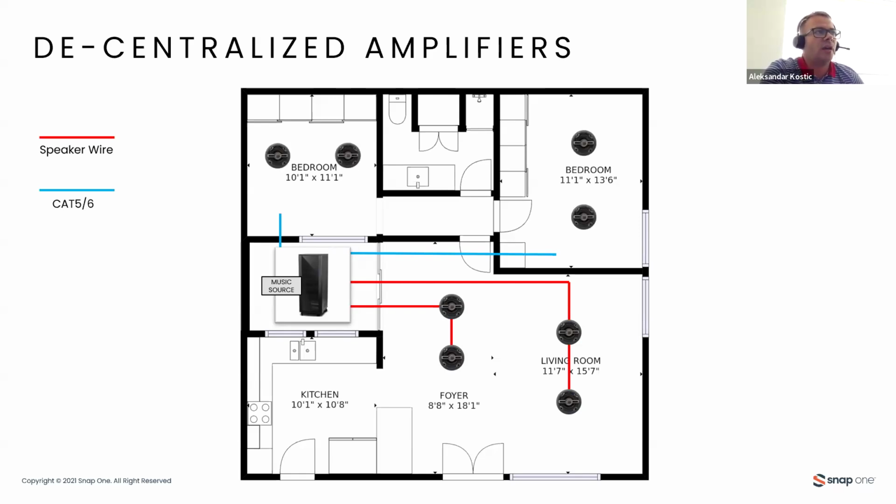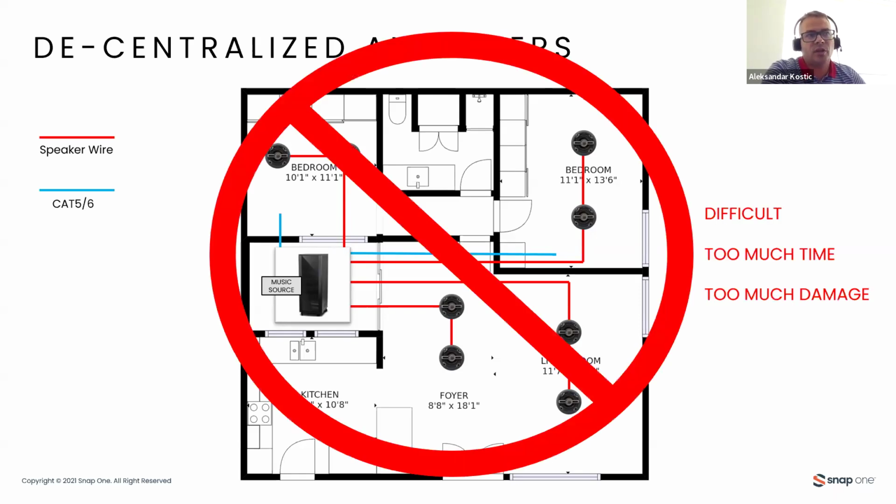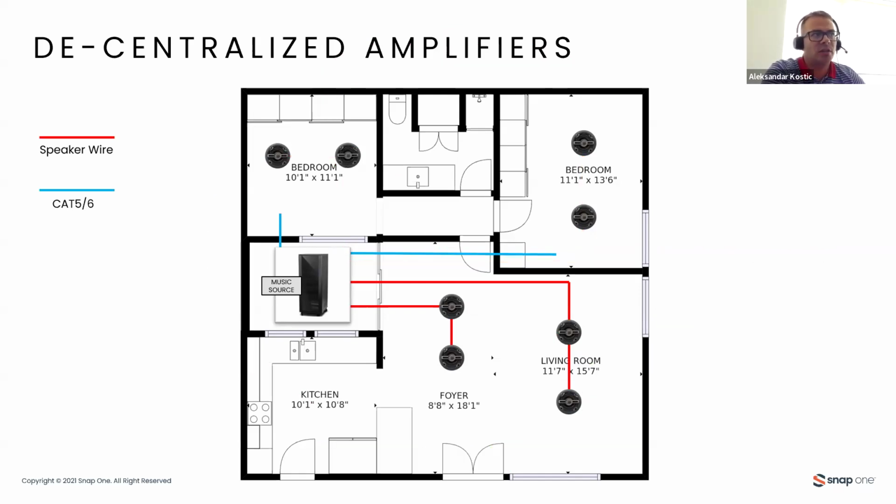So here in the upper part of the house, we have 2 bedrooms, which we would traditionally connect to the main amplifier in the rack using the red speaker wiring. But in this case, when using MOIP amplifiers, we do not need to pull speaker wires.